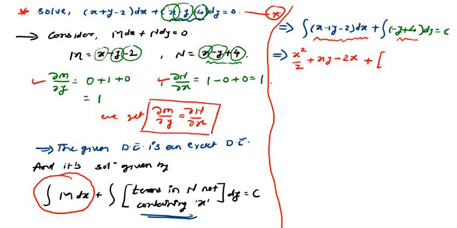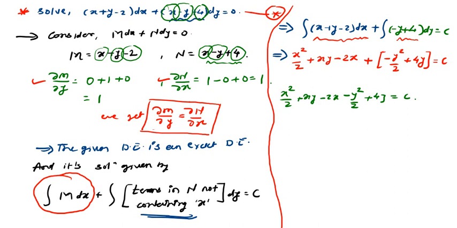So integration of minus y with respect to y will be minus y square by 2. Integration of plus 4 with respect to y will be 4y, is equal to constant. So we rewrite our final solution: x square by 2 plus xy minus 2x minus y square by 2 plus 4y equal to C.